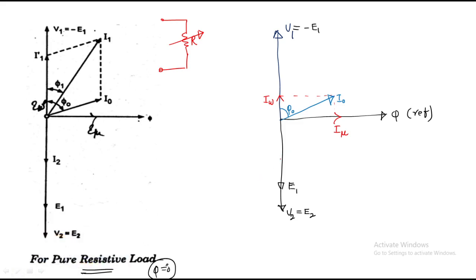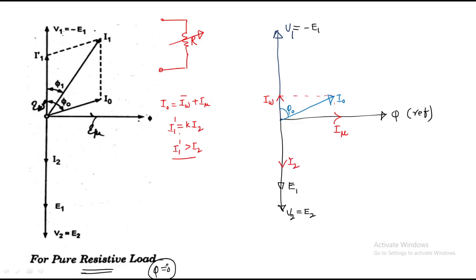So obviously let us take the second. What is the relation? I naught should be equal to IW plus I mu, and I1 dash should be equal to K into I2. Therefore the magnitude of I1 dash should be more than I2. That is the point, because K is the transformation ratio, and I2 should be like this.